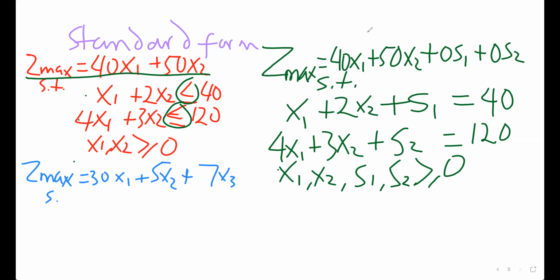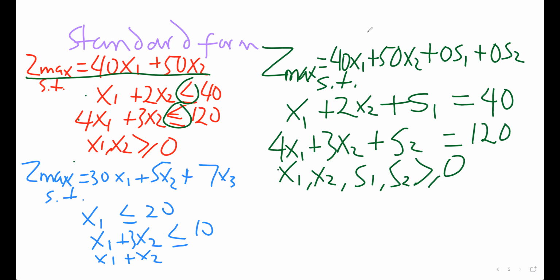Subject to x1 less or equal to 20, x1 plus 3x2 less or equal to 10, and then x1 plus x2 plus 4x3 less or equal to 40.